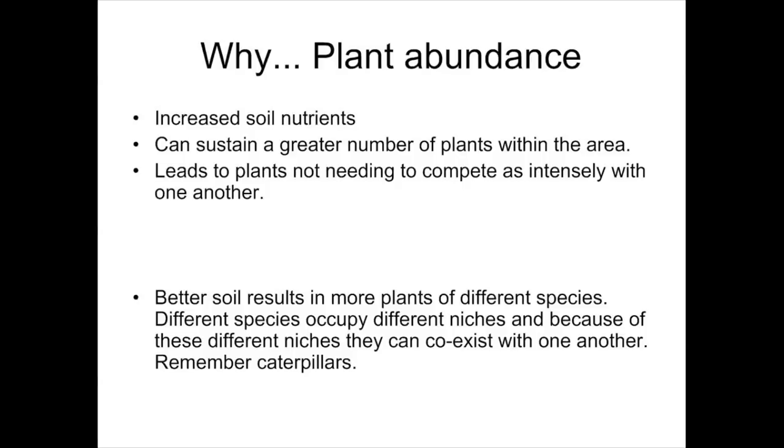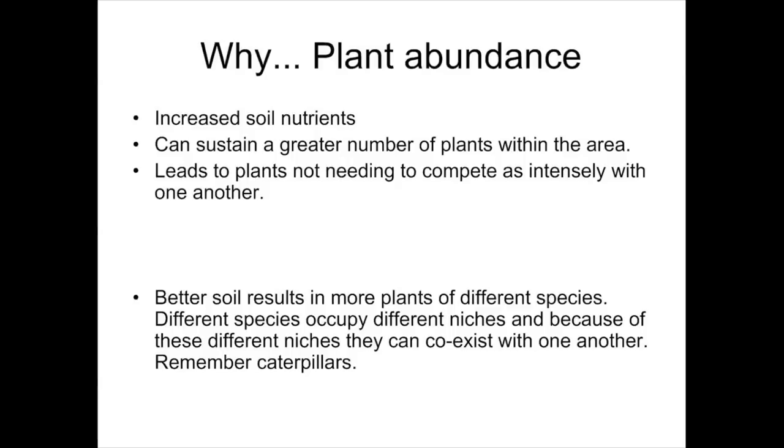Different species occupy different niches, and because of these different niches, they can coexist with one another. Remember those caterpillars, okay, the window caterpillars and notch caterpillars, because they occupy different niches, they could coexist.